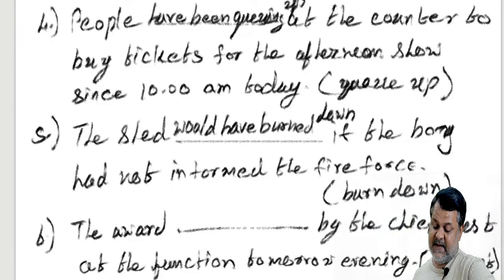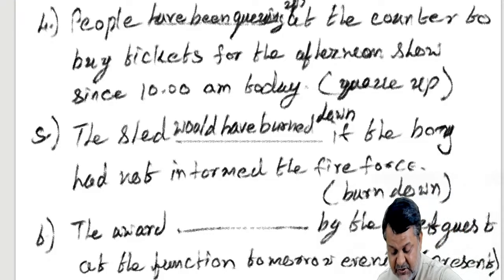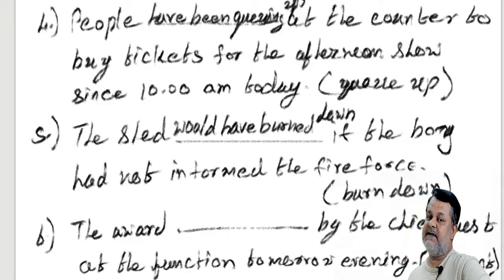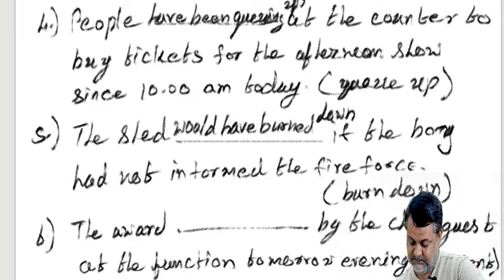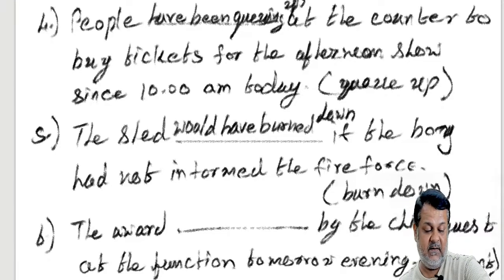The next one, the award dash by the chief guest at the function tomorrow evening. This is something which is going to happen in the future. So here what will we use?